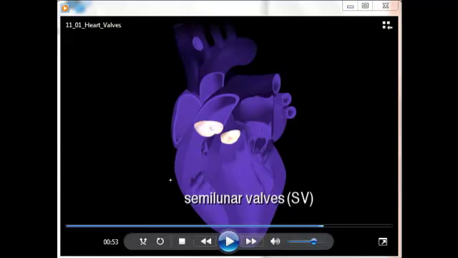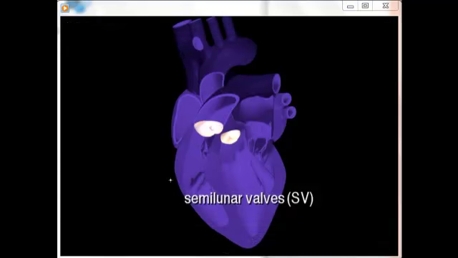If there is a faulty valve, then they can be replaced surgically. There's a number of different ways: a synthetic valve, or they can get a replacement valve from a cadaver, or even use a valve from a pig, in order to replace these and make sure that they're working correctly. So this is a very important part of the circulation.